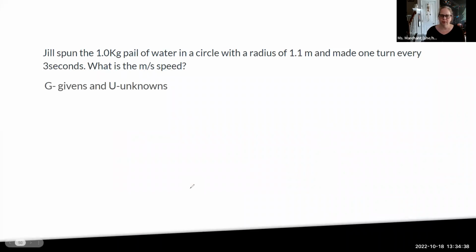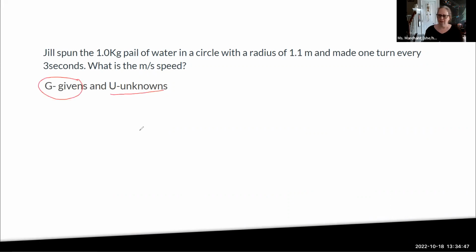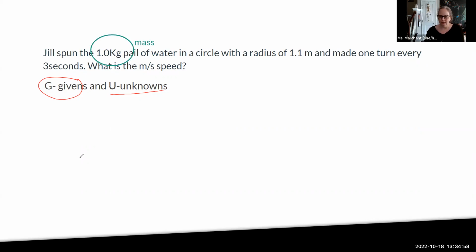And we want to always, when we're doing these, write down our givens and our unknowns. My givens, I circle, and my unknowns, I underline, so that I can convert from a word problem into whatever equation I need. So Jill spun the 1.0 kilogram pail. Kilograms are a unit of mass in a circle, so I know I can use the circular motion equations with a radius of 1.1 meters.